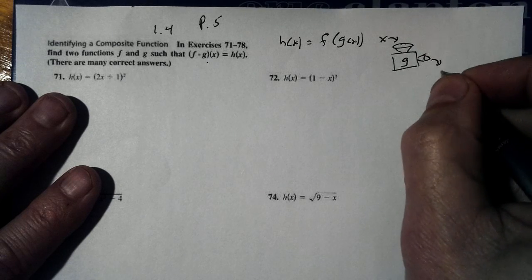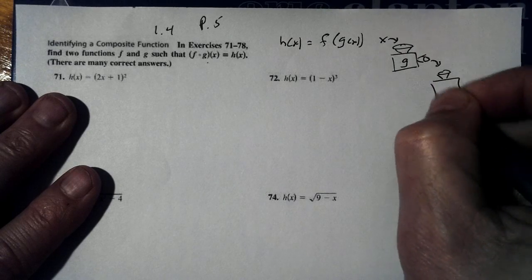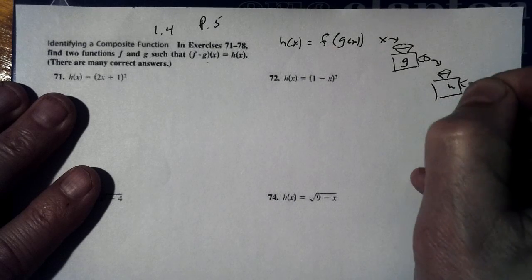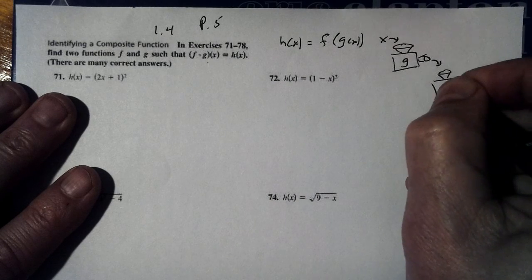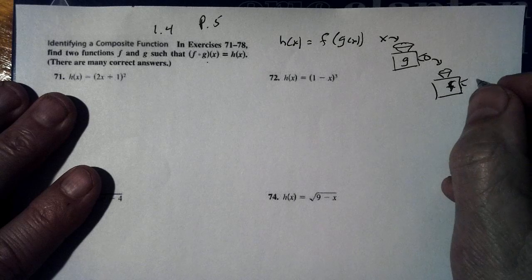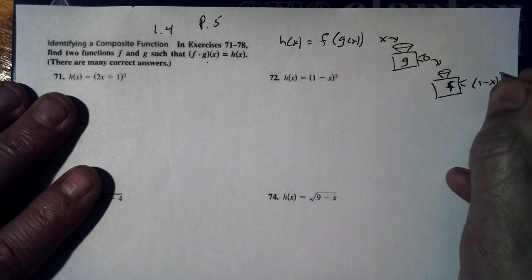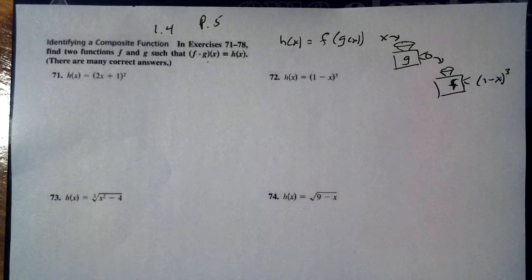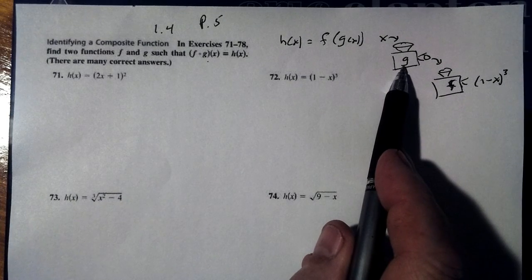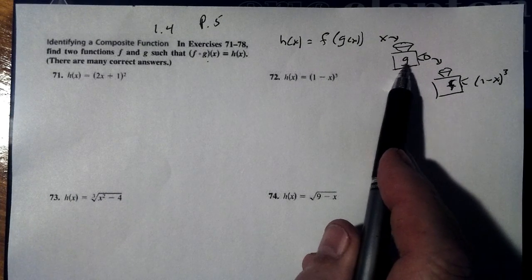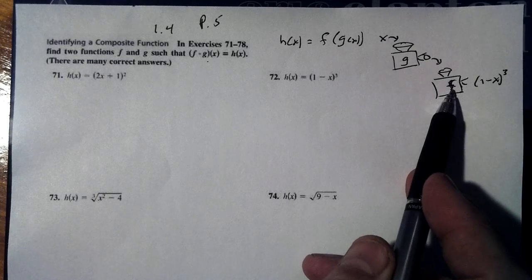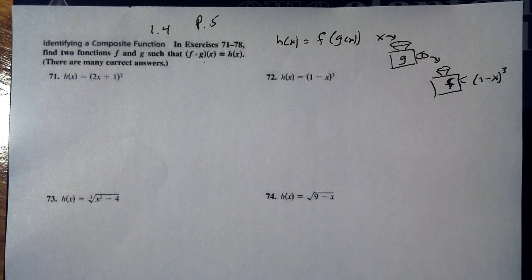I want the result of that to go into f. And when it comes out, I want it then to be 1 minus x cubed. I want to do part of the job inside of g first, and then the rest of the job in f. And it's all about order of operations.